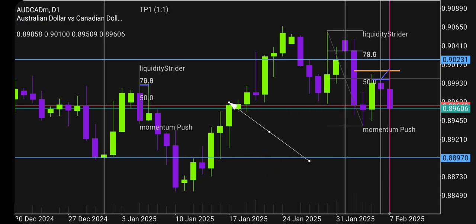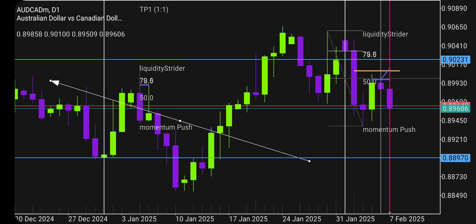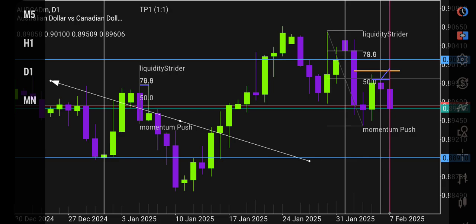I want you guys to look at the left here. When I tap on the screen, time frames appear on the left. On the right are some other things. I just want you to focus on the left: 5 minute time frame, 1 hour time frame, daily time frame, monthly time frame.